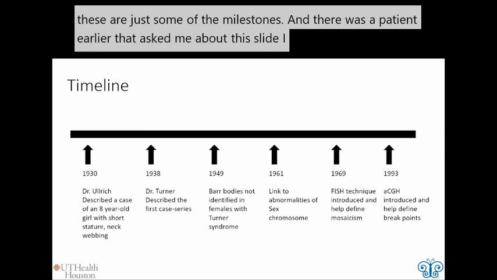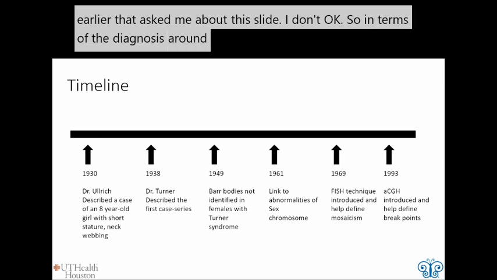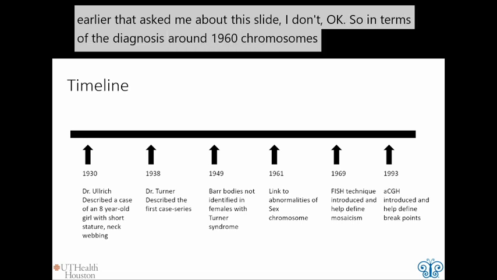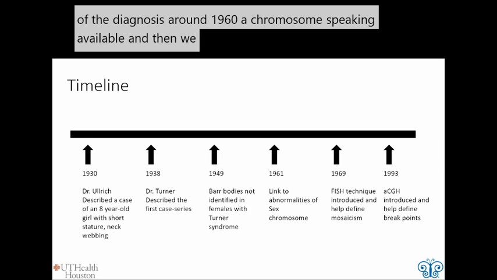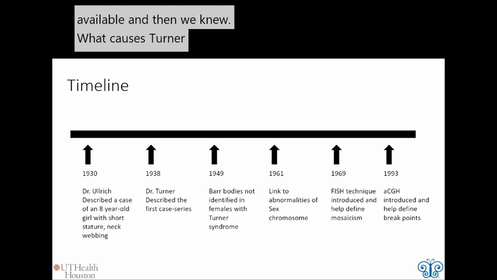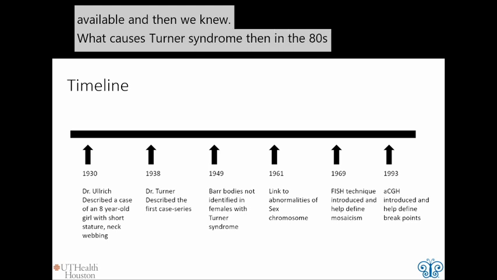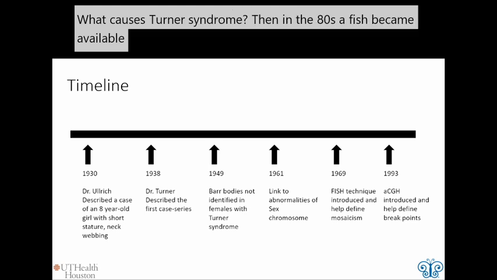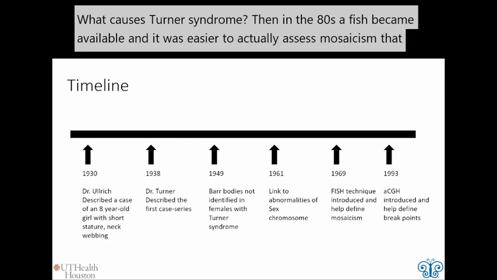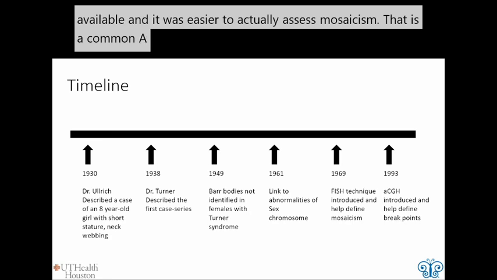So in terms of the diagnosis, around 1960, chromosomes became available, and then we knew what causes Turner syndrome. Then in the 80s, FISH became available, and it was easier to assess mosaicism, which is a common characteristic seen in Turner syndrome.